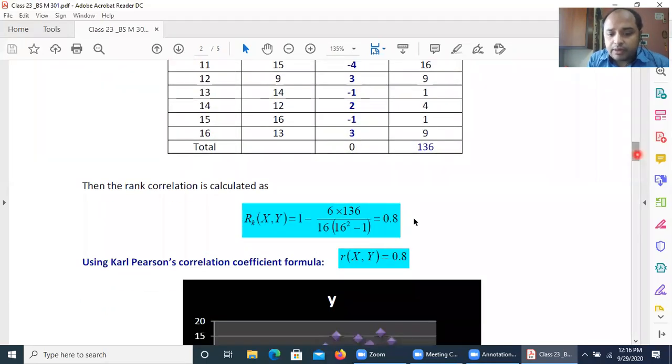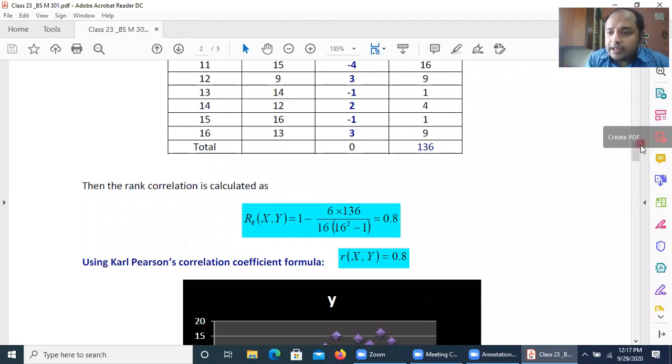We use the formula. Previously we wrote Rk only. Now I am writing Rk of capital X and capital Y. Rk means rank correlation. Rank correlation between which two variables? I am specifying the two variables, capital X and capital Y. Now I am putting the values here.